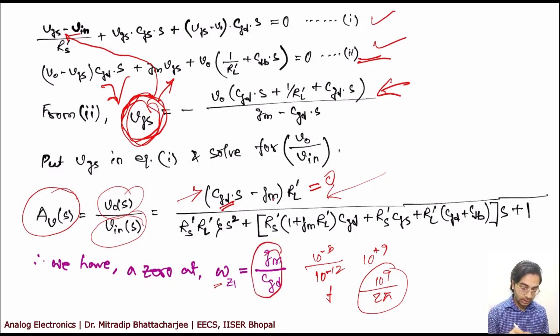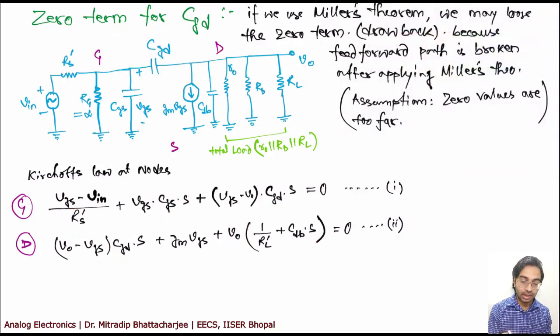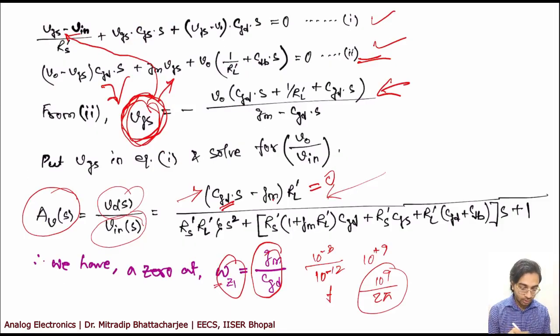Now, if you see, you have a WZ1 which is equal to GM by CGD. CGD is fixed. It is a device parameter, the gate drain capacitance. But if you can attach a parallel capacitance across this, you actually can tune the zero value using that external capacitance, right?